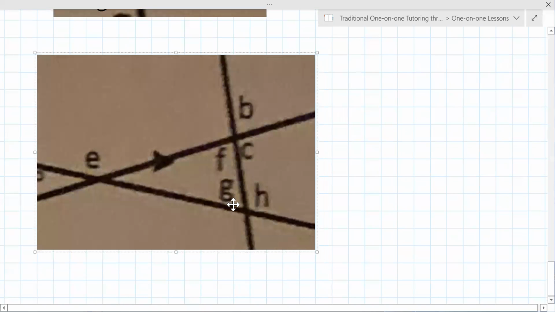Okay, so we want to find G. G is right here. We found that E was 149, is that right? Yes. Okay, and there's 83.